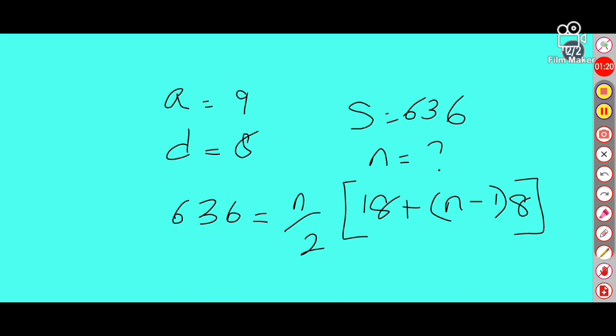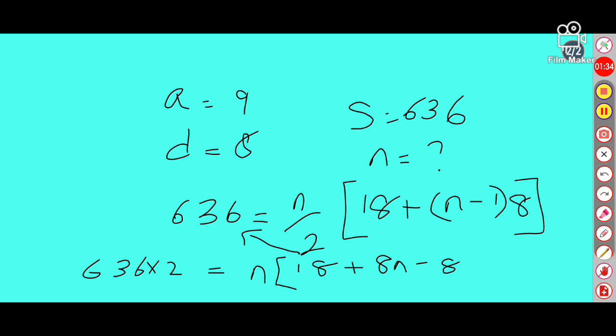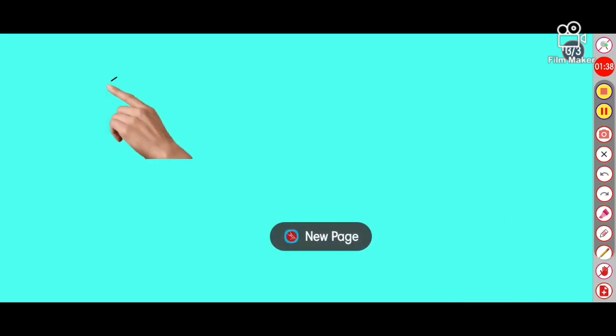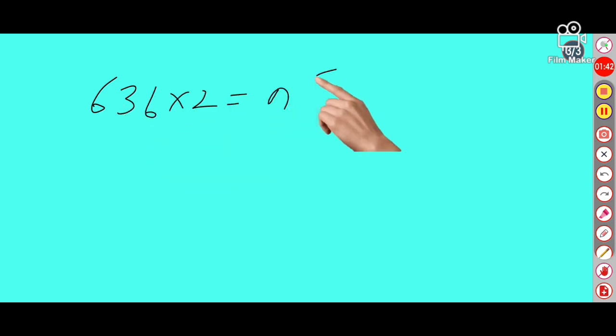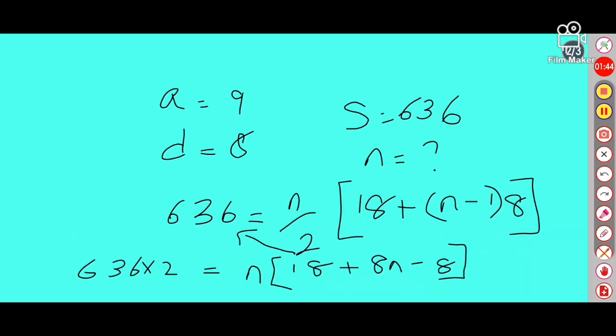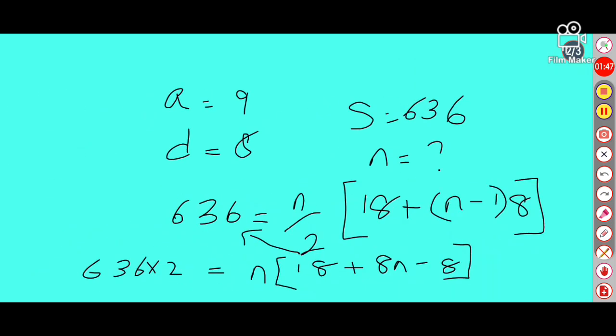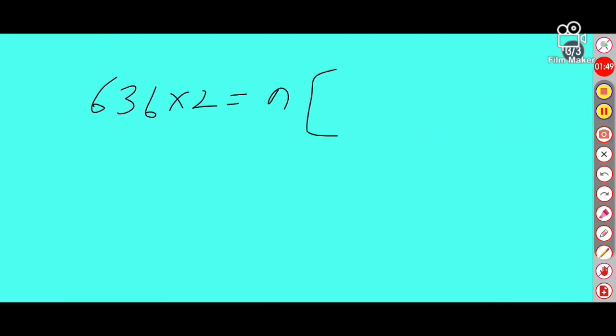So this 636 is being multiplied with this 2. 636 cross 2 equals n into 18 plus 8n minus 8. So 636 cross 2, that is 1272, is equal to n into 18 minus 8, which is 10, so 10 plus 8n.